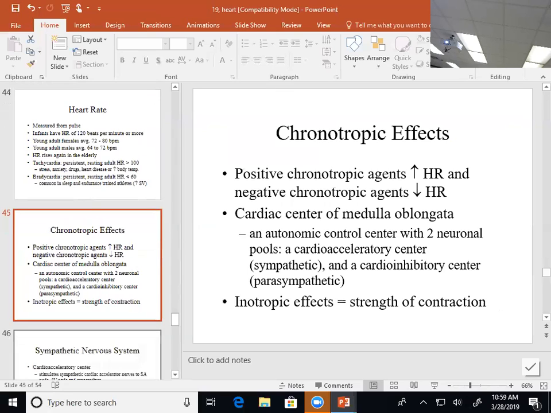You ready? If something has a positive chronotropic effect, it means it's going to increase your heart rate. If it has a negative chronotropic effect, what's it going to do? Decrease your heart rate. If something has a positive ionotropic effect, this is different than heart rate.